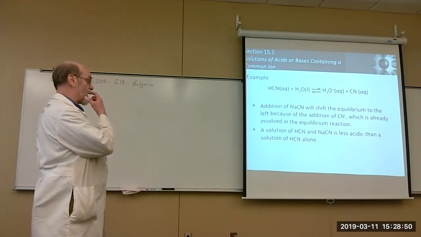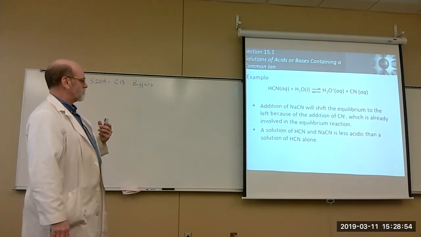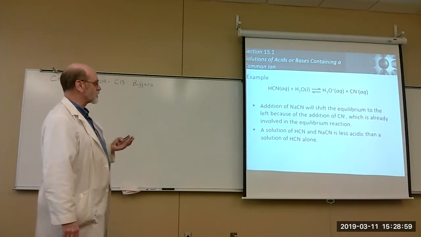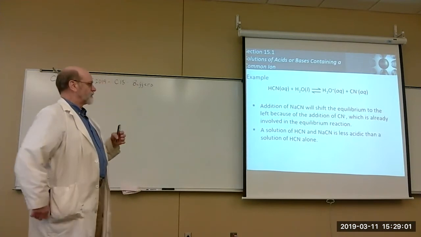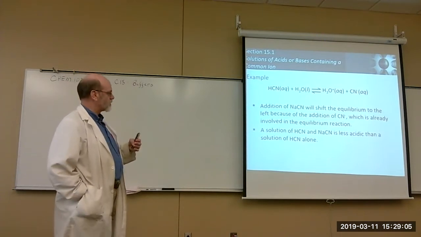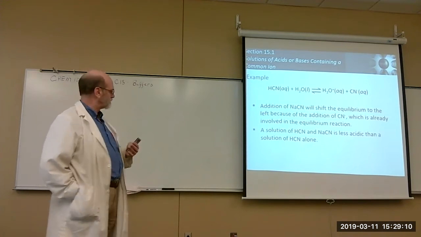So here's a practical example. Say we have hydrocyanic acid, and it's in solution reacting with water, and it will produce some hydronium ions and the conjugate base of the HCN, which is CN minus.